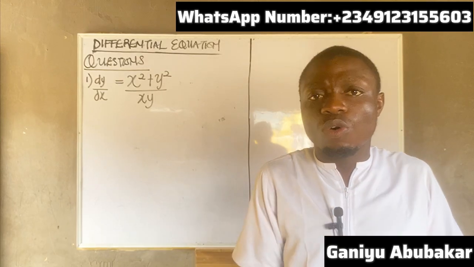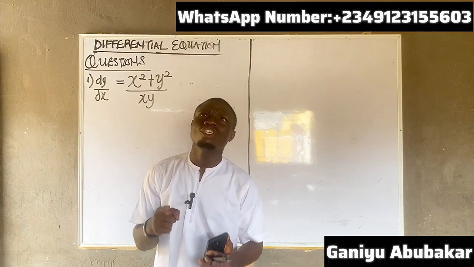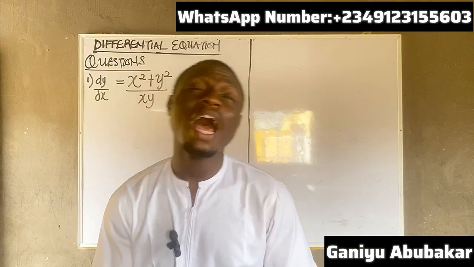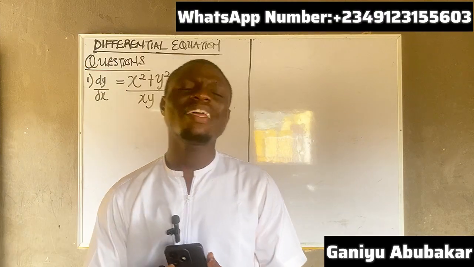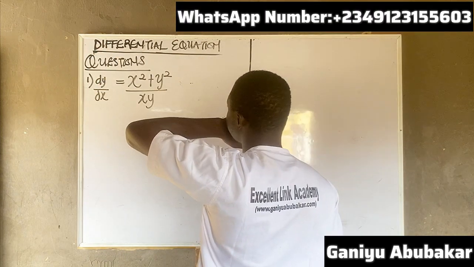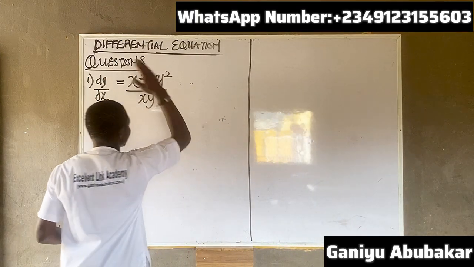But it can't work. Why? Because for variable separation, your idea is that you take the term that has y to one side and the term that has x to the other side.